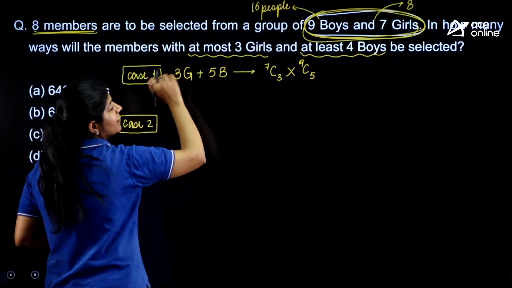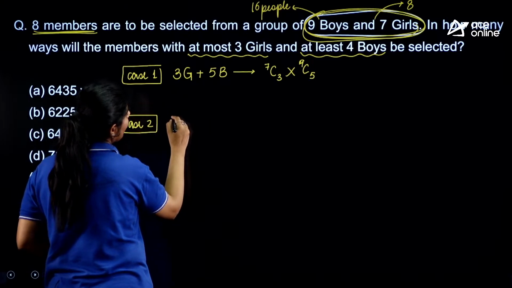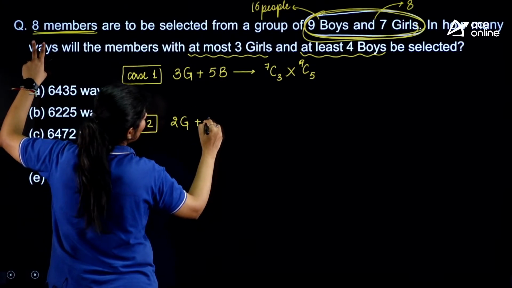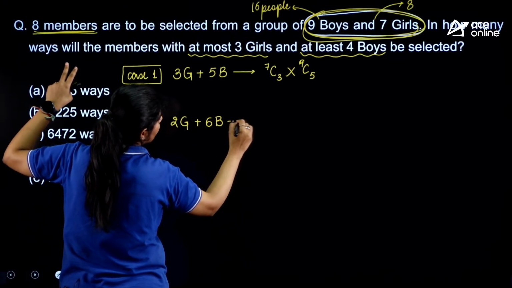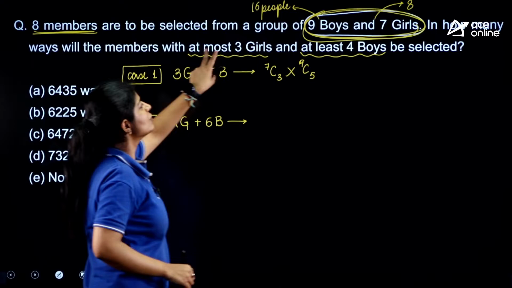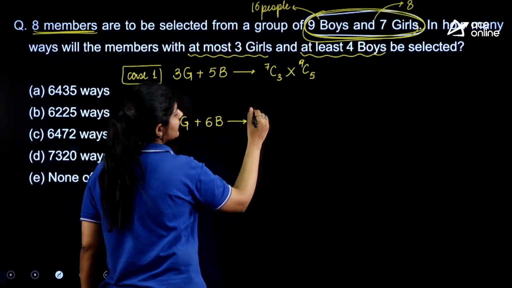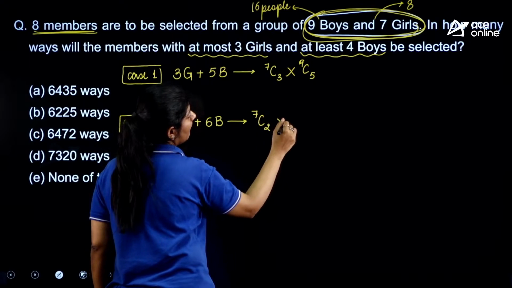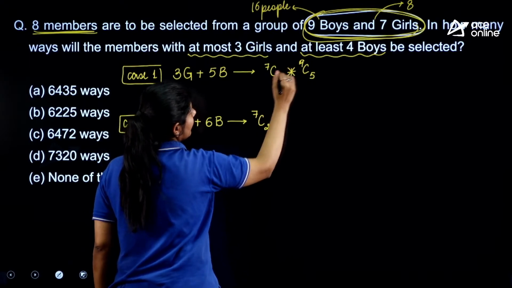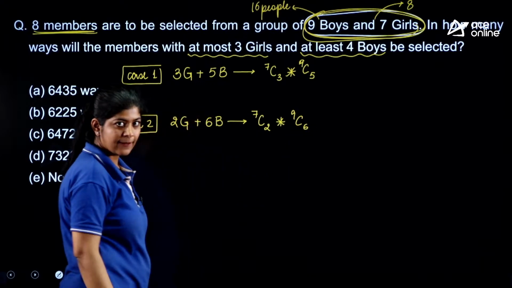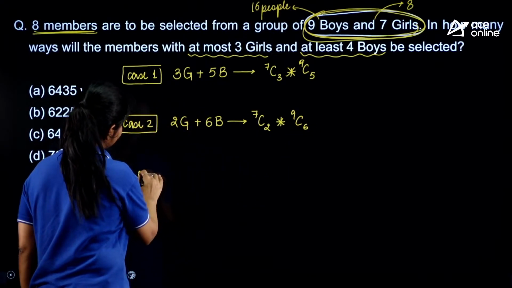At most 3 means there are chances that I only have 2 girls, and just to make it 8, I need to add 6 boys. And these 2 conditions are also satisfied at the same time. Now, 2 girls, 7C2 multiplied by 9C6, right?